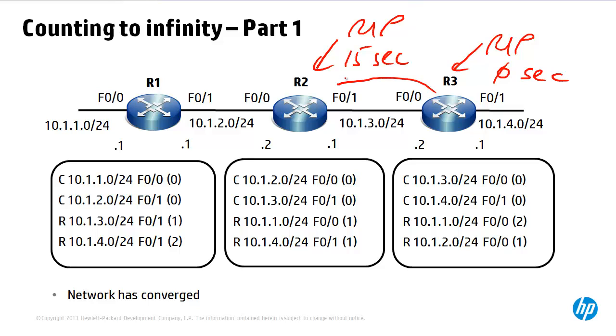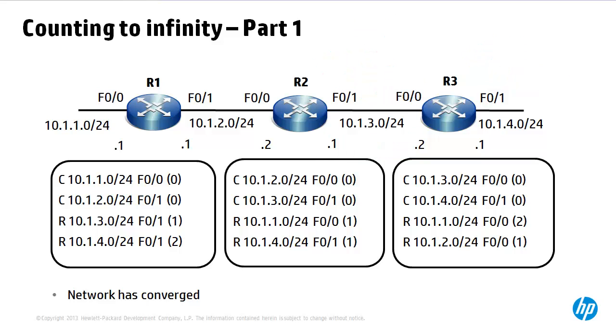So at time 30 seconds, an update will be sent from router 3 to router 2, but only at time 45 seconds is the update sent from router 2 to router 3. Updates in RIP are sent every 30 seconds, but notice there is a difference between these two routers of 15 seconds.